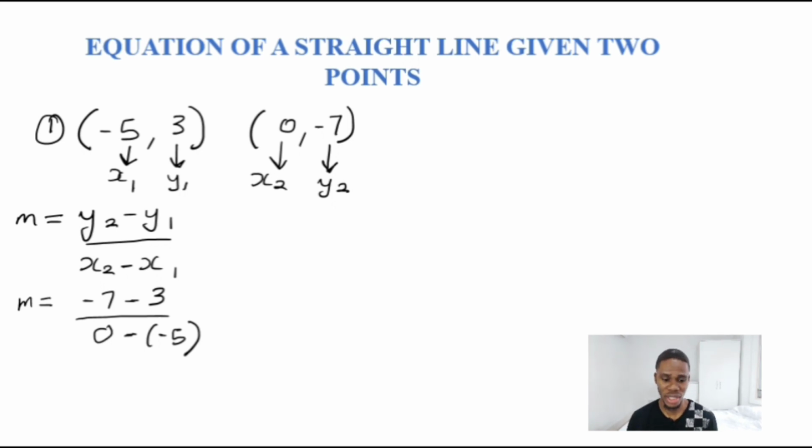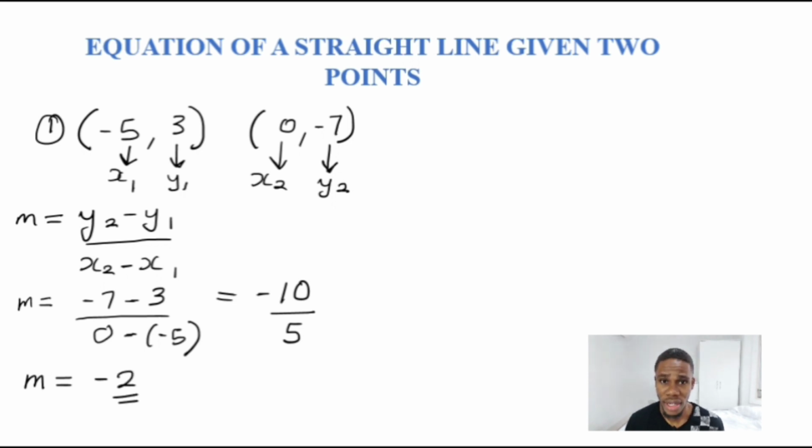So this will not only change the value of the denominator, but because you may get a fraction, it may influence the answer too as well. So -7 minus 3 gives us -10, divided by 0 minus -5, which is +5. So we now have our gradient m to be -2.